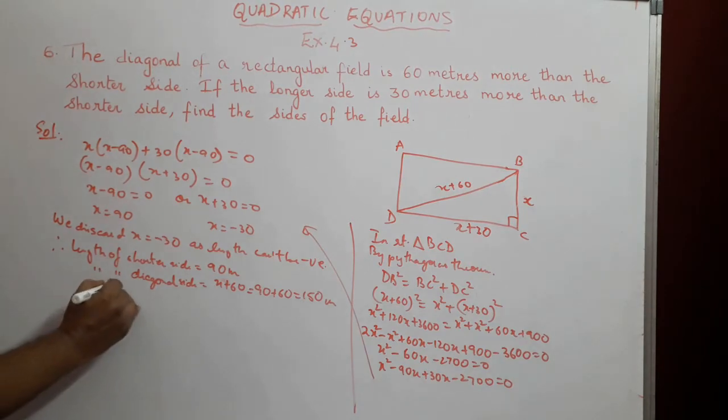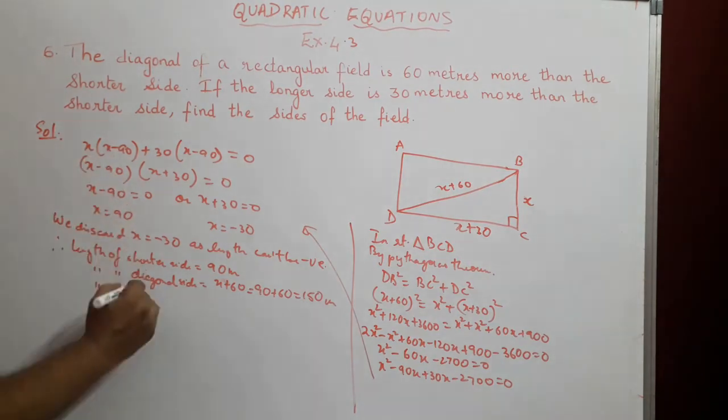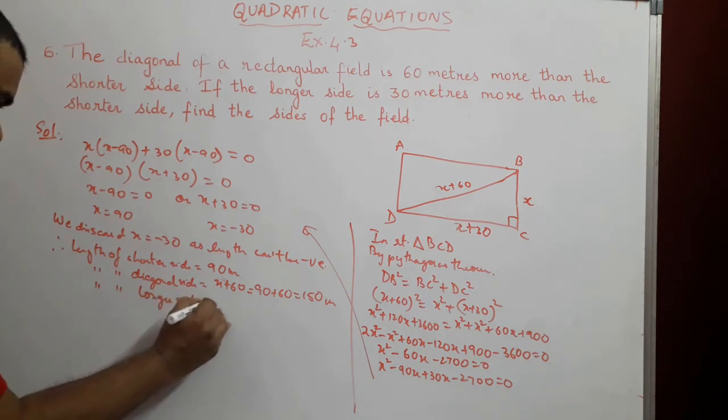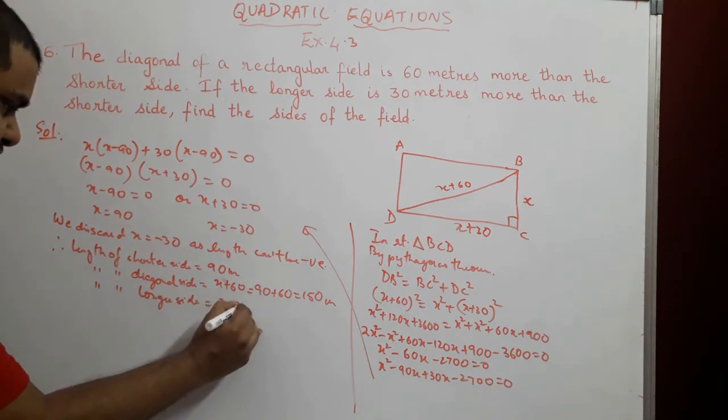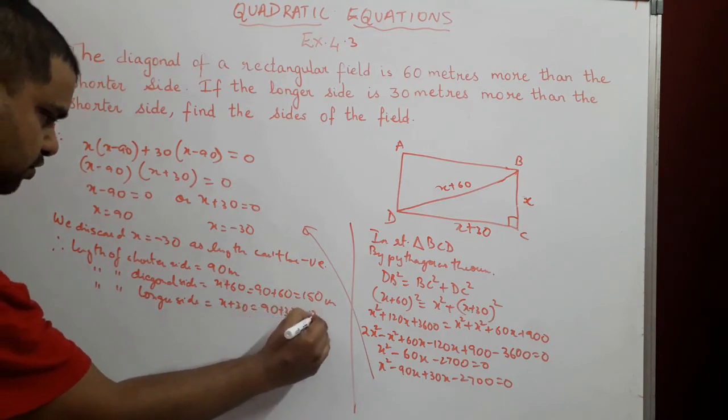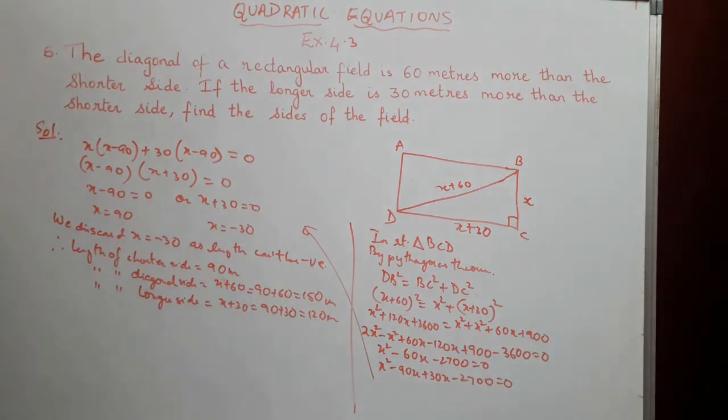Similarly, the length of our longer side is equal to x plus 30, which means 90 plus 30, which is equal to 120 meters. So in this way, we have found the sides of the rectangular field. Let's move to the next question.